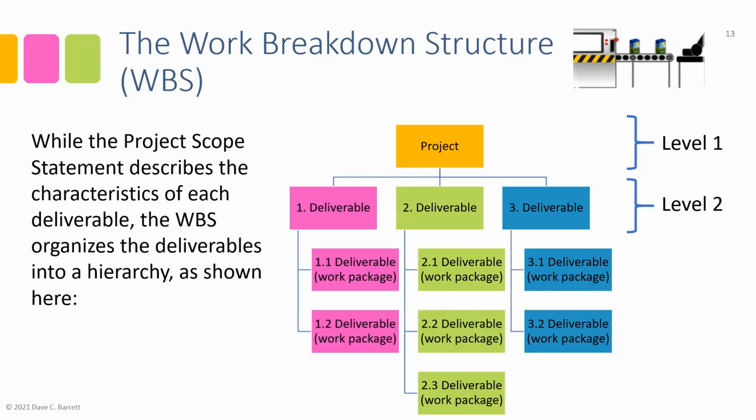And then level 3 is where we take each of the deliverables in level 2 and break them down further. So that's a way we can point at various points in the WBS and refer to them as level 1, level 2, level 3. This is a 3-level WBS, work breakdown structure, because it's broken down into the 3rd level. So that's just some terminology.